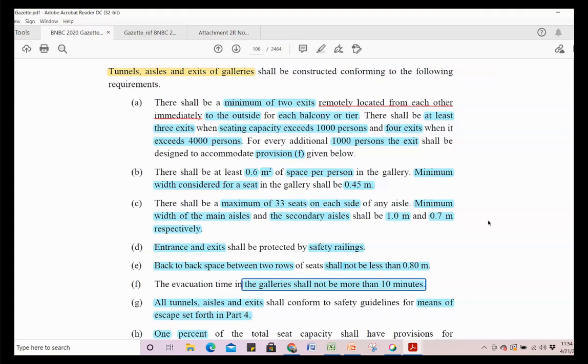So the exits should be so in number, in size and volume that they evacuate all the spectators from the spectators area within 10 minutes and lead them immediately to the outside, not in an interior situation. It leads them to the outside. So that is the criteria given here for any sports facilities.